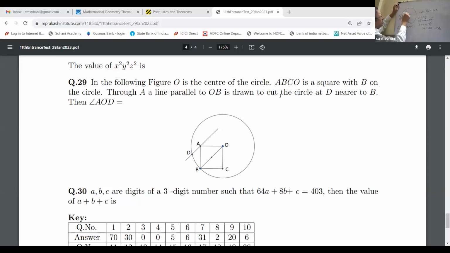If I call the equal sides x, then x square plus x square is 1 square. So 2x square is 1, so x square is 1 upon 2. Then x is 1 upon root 2. And x is nothing but the OT side.